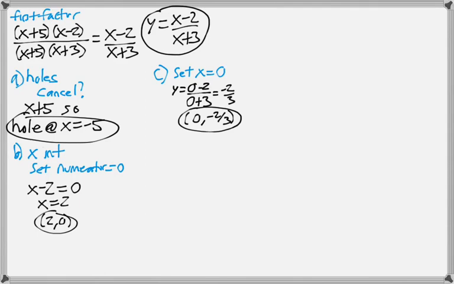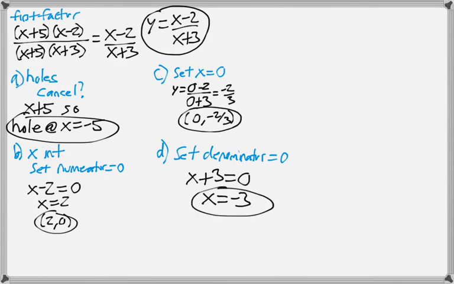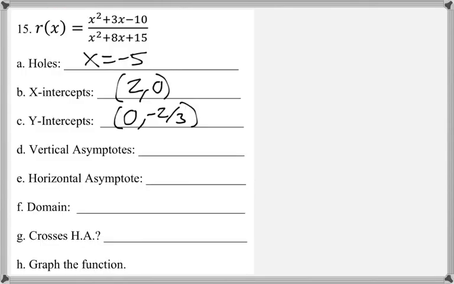So next up we are finding the vertical asymptotes. To do that, I want to set the denominator equal to 0. So this will be x plus 3 is equal to 0. Again, note I'm referring to the new version of the function. So x is going to be equal to negative 3. That is going to be my vertical asymptote. Next up is the horizontal asymptote.